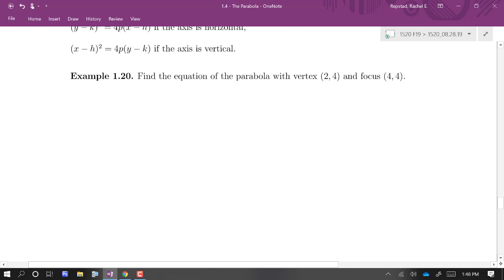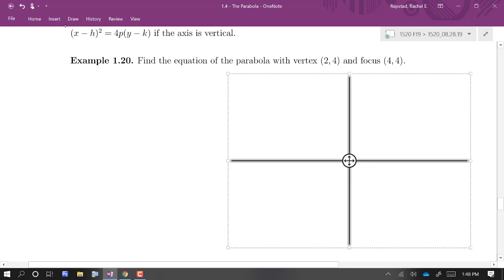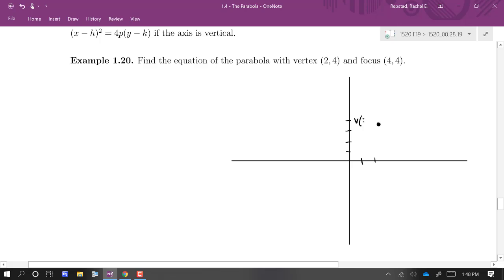So, vertex (2, 4) and focus (4, 4). Opens to the right. It's got to, right?